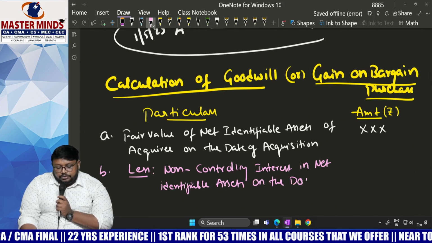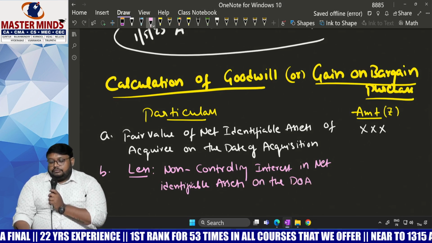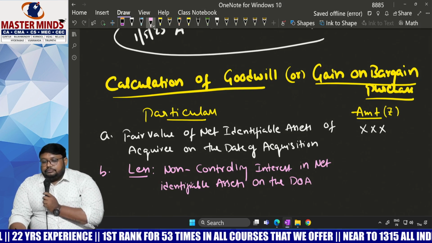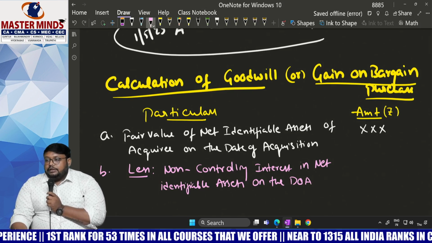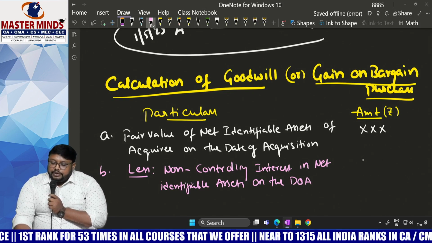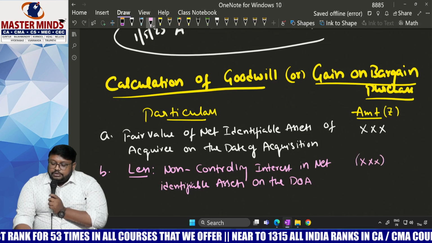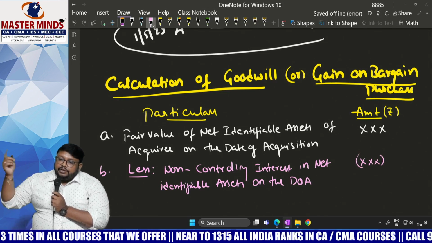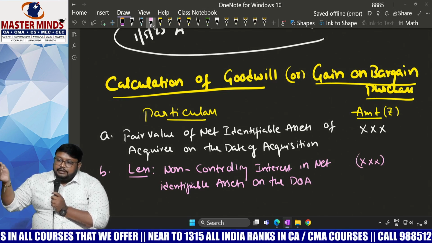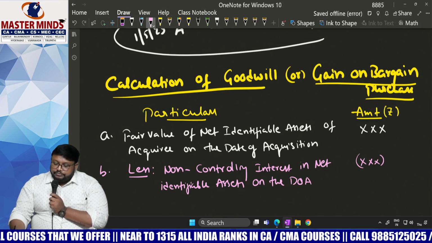Put DOA for date of acquisition. So total net identifiable assets fair value, how much? From that, what are we removing? Non-controlling interest, meaning the other shareholders' interest in the net assets, we are removing.